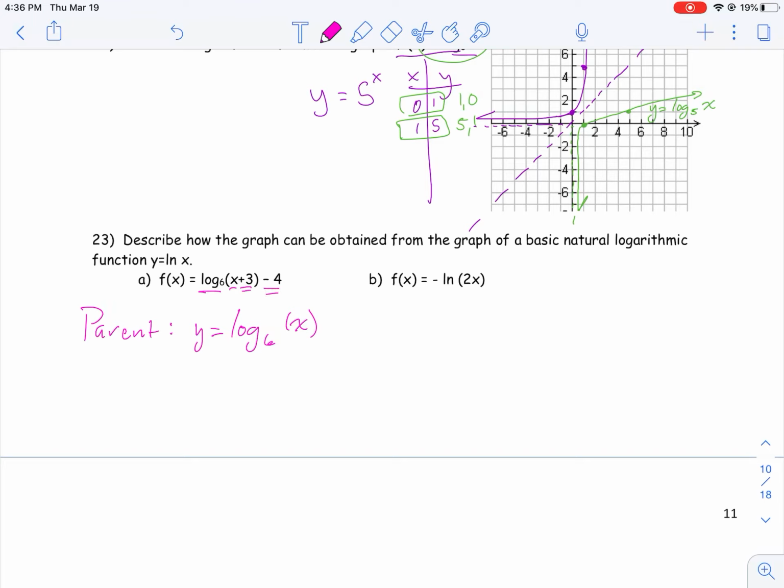Well, we've got two things: the plus 3 and the minus 4. What's the plus 3 going to do? Well, it's inside the function, so it's going to move it left 3. And the minus 4 is going to shift down 4.